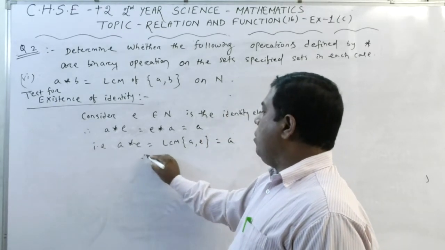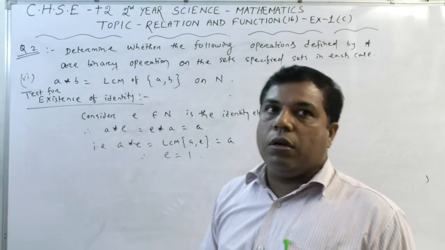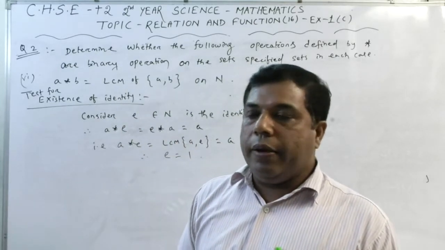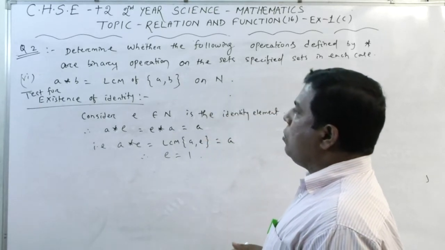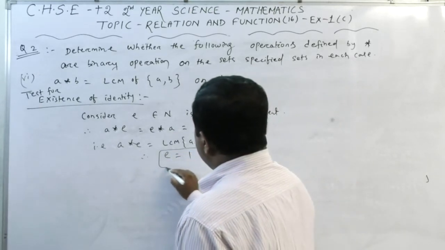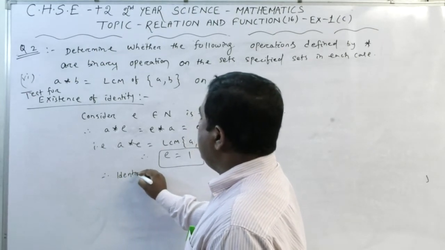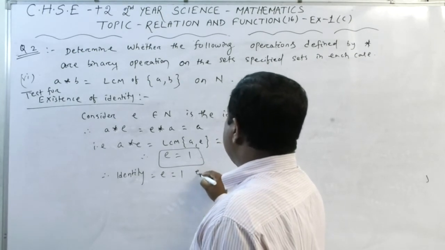Yes, therefore E equal to 1. 1 is the only number, and if you take the LCM of 1 with another number, you will get the same quantity. So E equal to 1, and I can say that here identity exists. Therefore identity E equal to 1 exists.